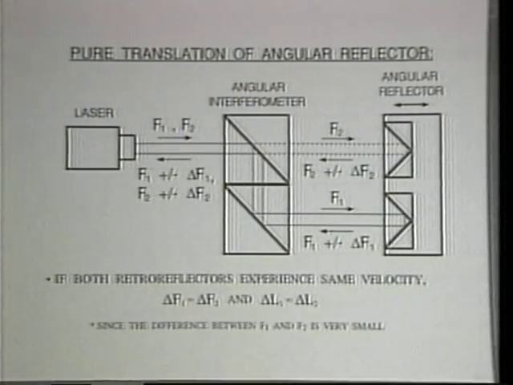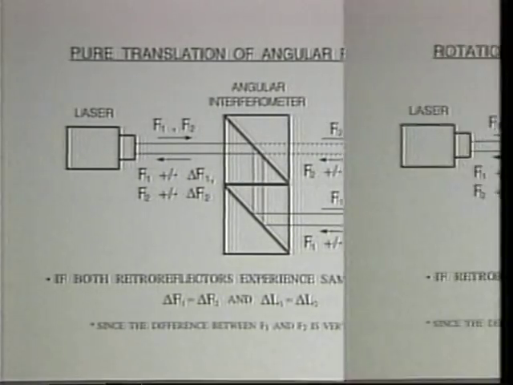If the movement of the angular reflector is purely translational, each retroreflector will have the same velocity, the two frequency-shifted components will be approximately equal, and the changes in the lengths of the two measurement paths will be the same. If the movement is rotational or has some rotational component, the changes in the lengths of the measurement paths will be different because the velocities of the two retroreflectors will be different.